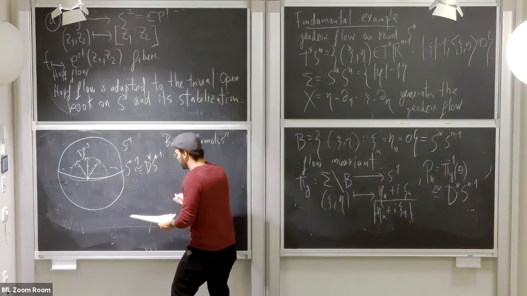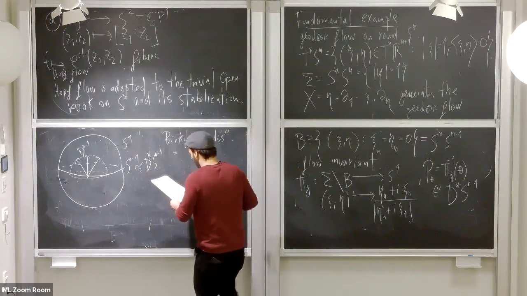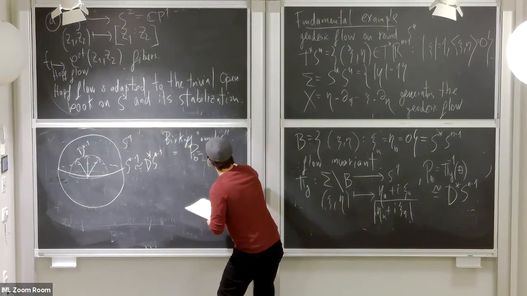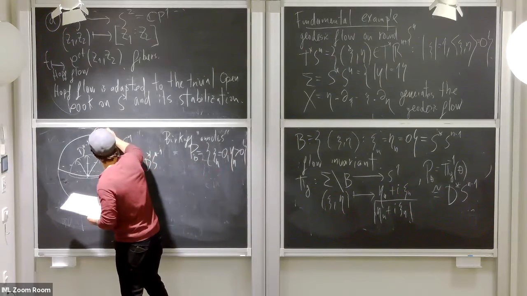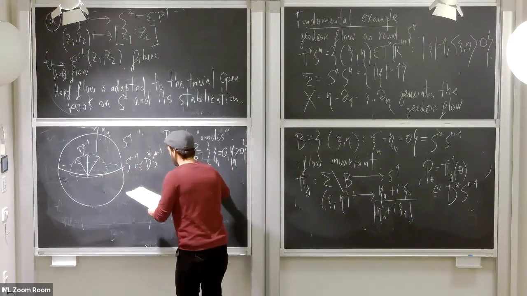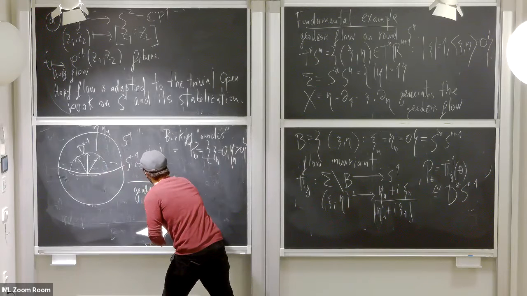So let's try to draw how this looks. So this page, the Birkhoff annulus, is precisely psi_n equals 0, eta_n positive. So eta_n is this direction. So now hit it with the geodesic flow. And what do you get?